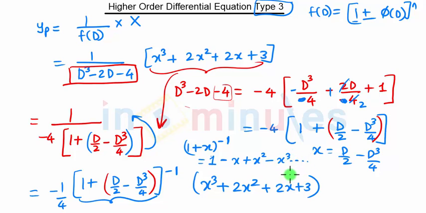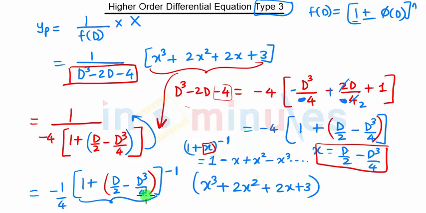So this is the binomial expansion of 1 plus x the whole raised to minus 1. But in our case, x is nothing but this term, which is D by 2 minus D cube by 4. We are going to write the expanded terms. Our yp is minus 1 upon 4, and here instead of this term we are going to apply this binomial expansion where x is D by 2 minus D cube upon 4.